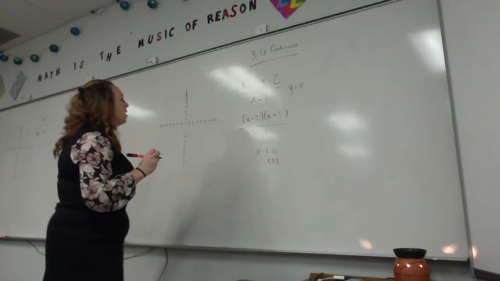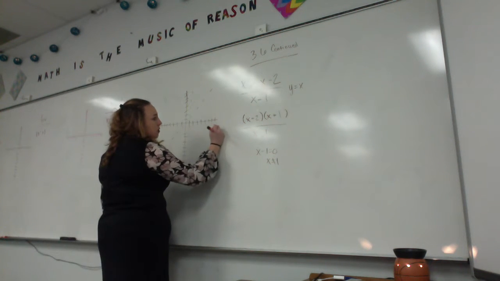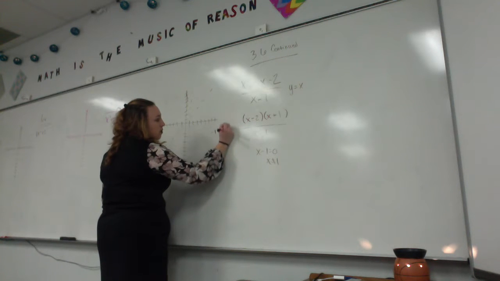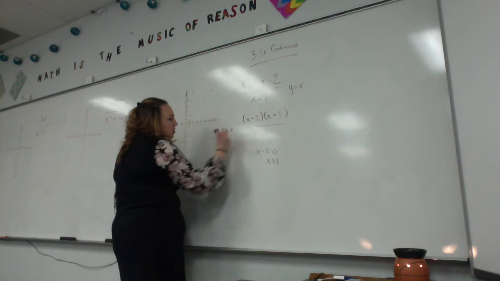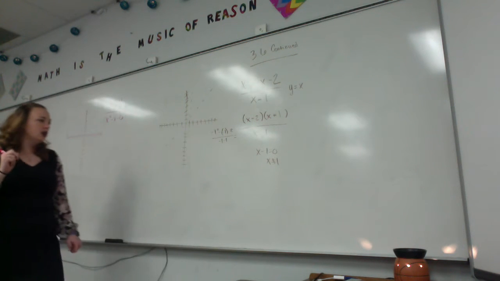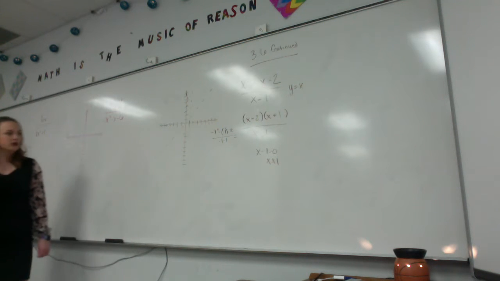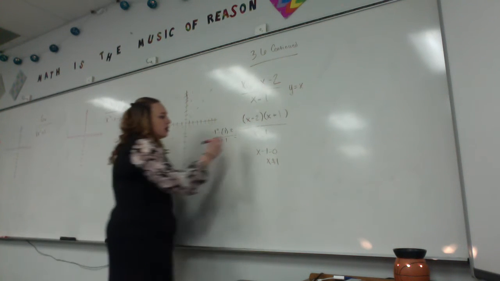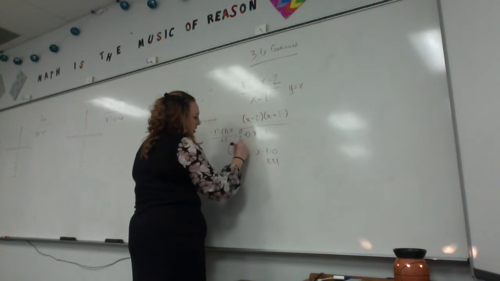If I plug in -1, I get -1 squared minus -1 minus 2 over -1 minus 1. So up top you get 1, 2, you get 0, right? 0 over -2, which is 0. So when I plug in -1, I get 0 out.